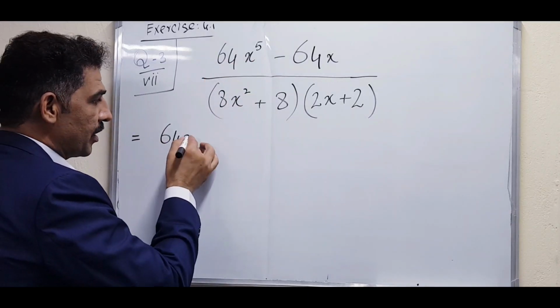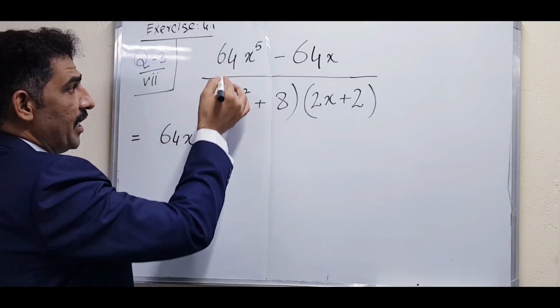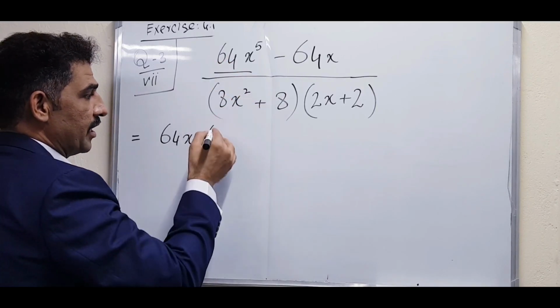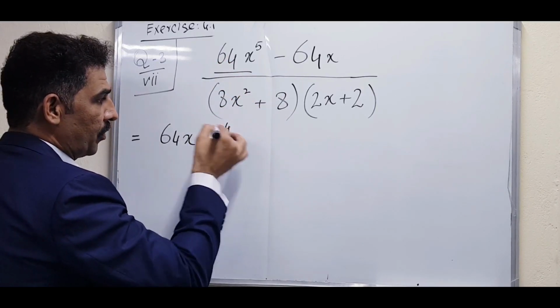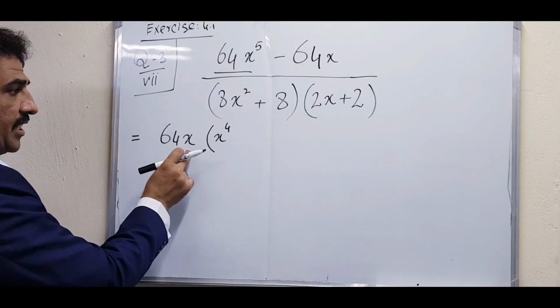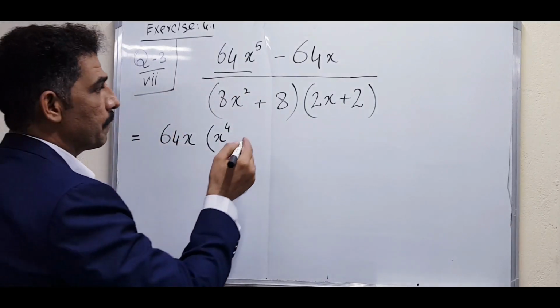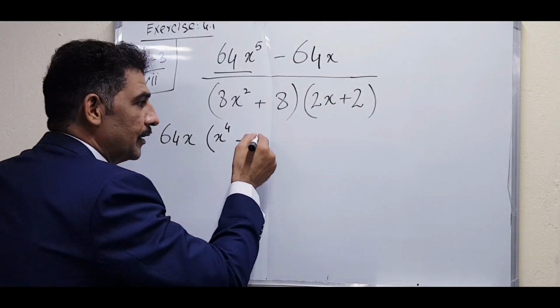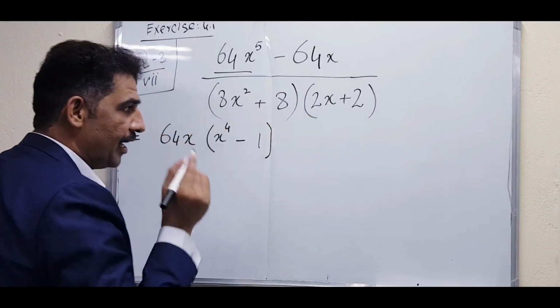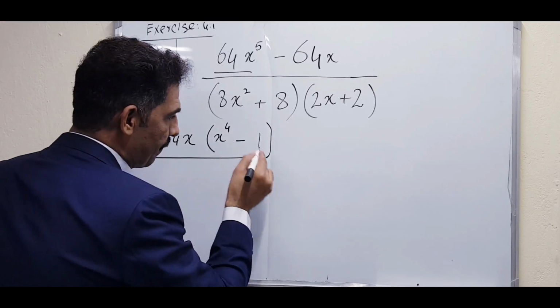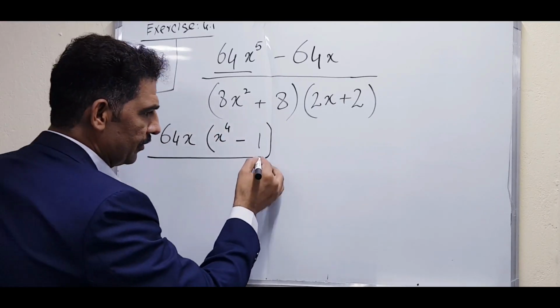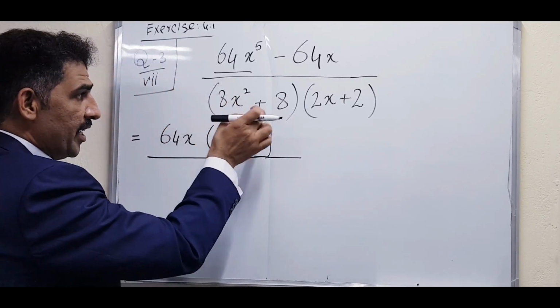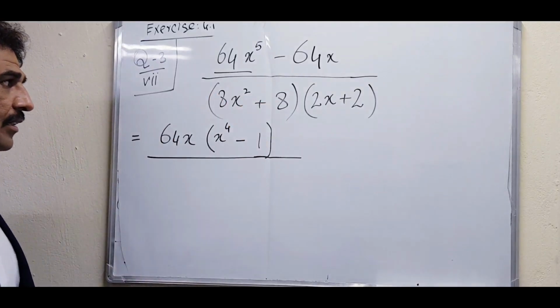After that x is also common. Good. So what is remaining here? According to this term, x raised to power 4 will remain because one x is taken common and 64 is also common. What is remaining here? 64x completely outside. Good. So 1 is remaining here. Now the denominator: something is common in the first bracket.